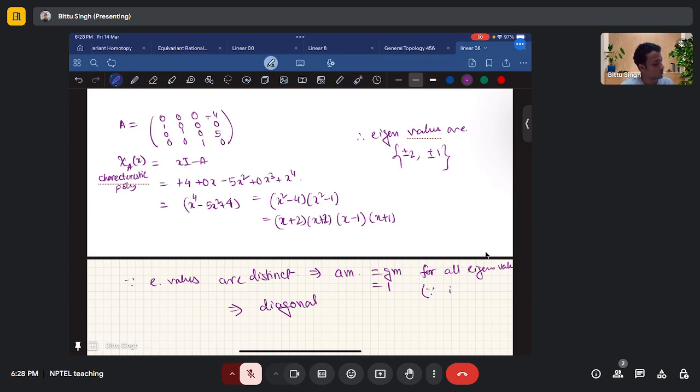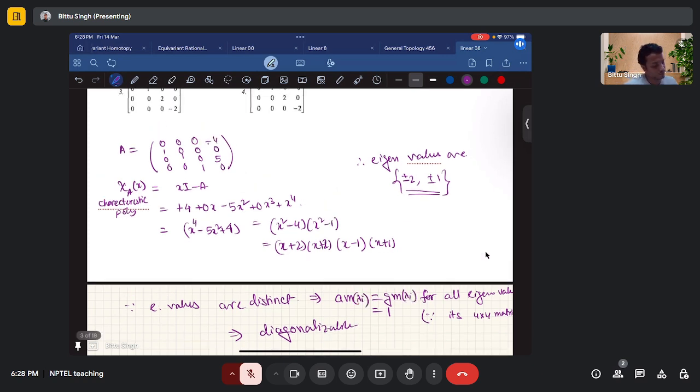All those eigenvalues appear only one time. So it is diagonalizable. Take any lambda I, those multiplicities are the same, they are actually 1.